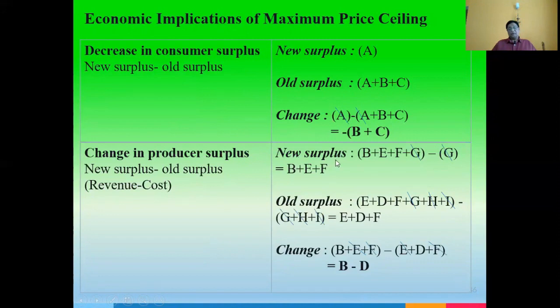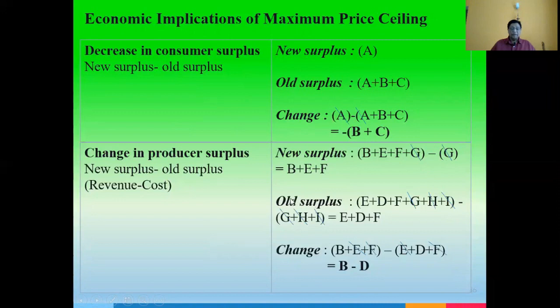New surplus is given by the difference between producers' income and variable cost of production. Producers' income BEFG, then variable cost D, then new producer surplus is given by the area of BEF.